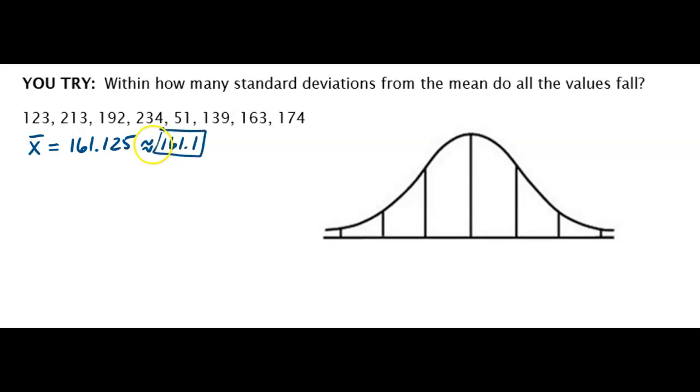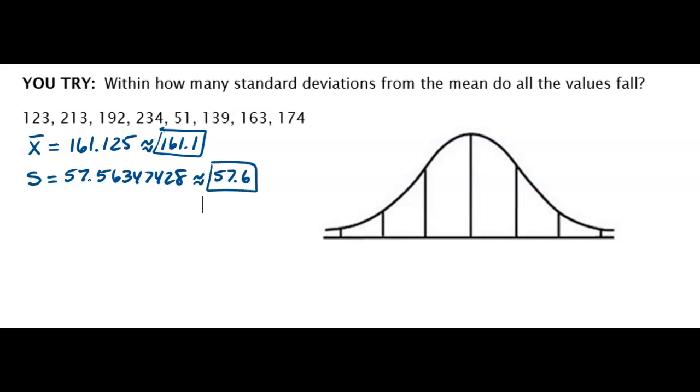We're not going to worry too much about the decimals. And then our standard deviation, again, was a long decimal. It was 57.56347428, but we're just going to say that it was 57.6, and that will be good enough for what we need to do.